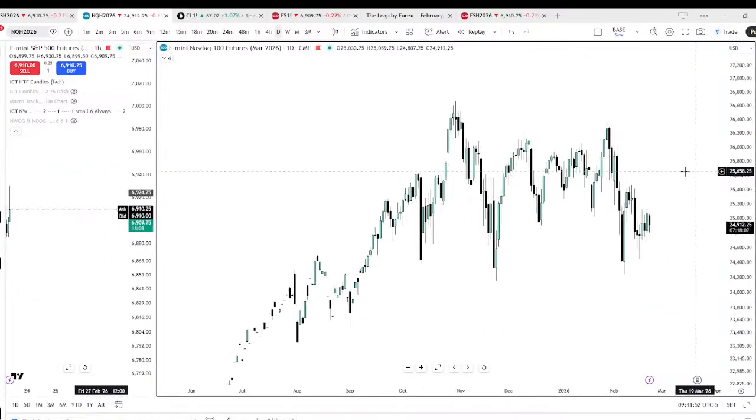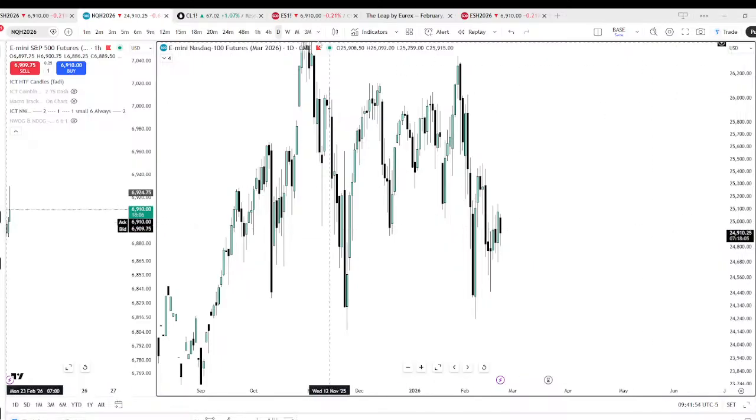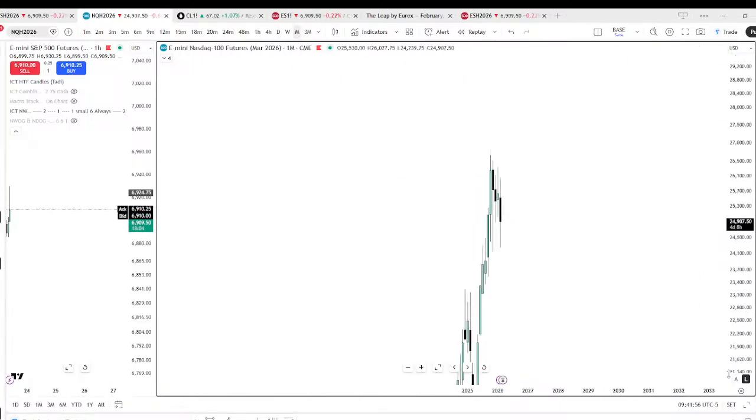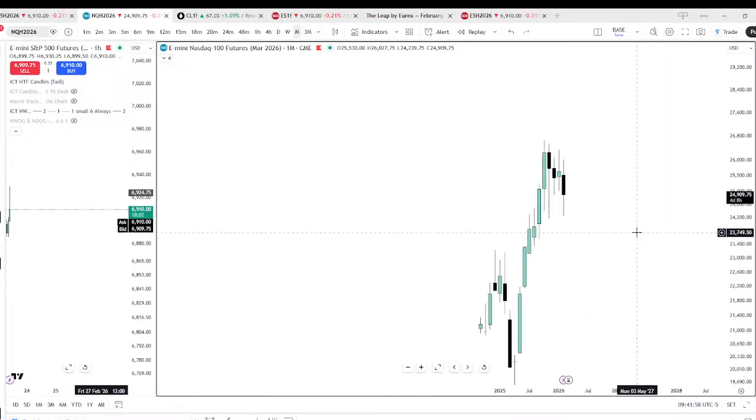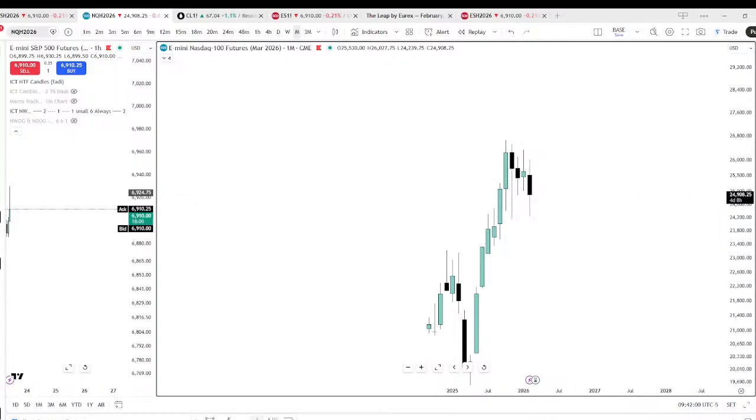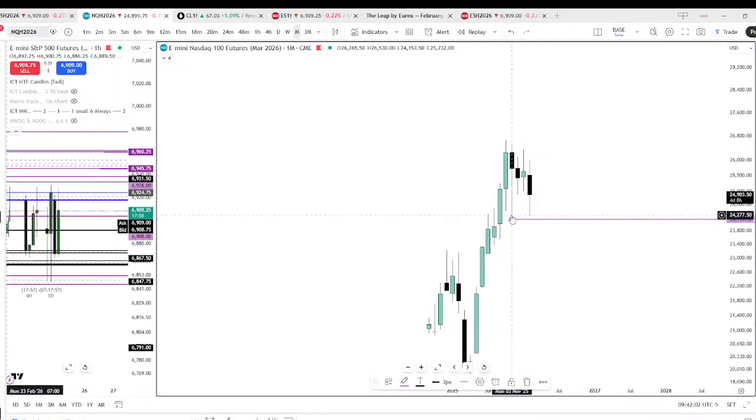Now looking at the NASDAQ, looking a lot weaker than the ES, obviously.